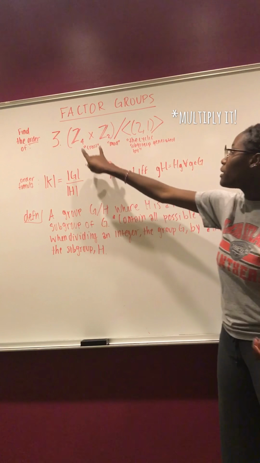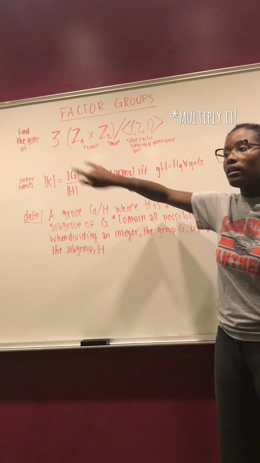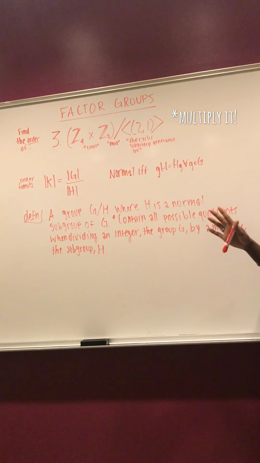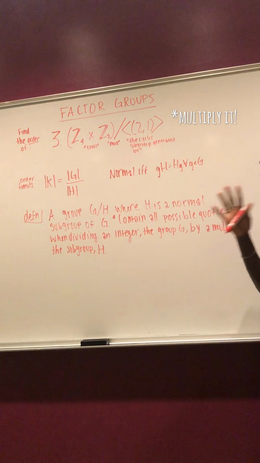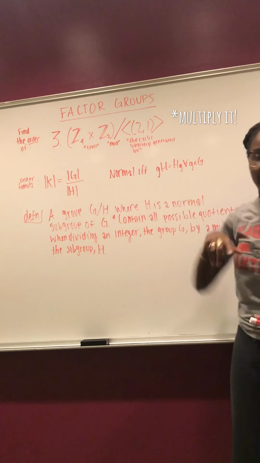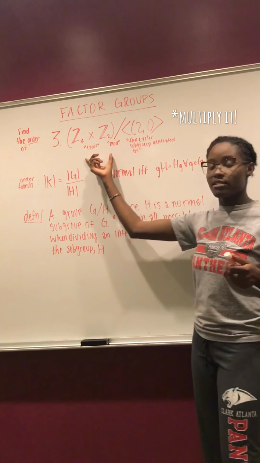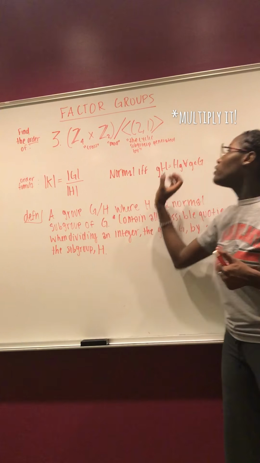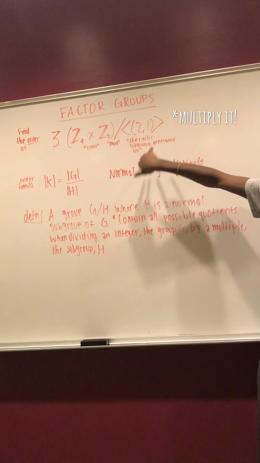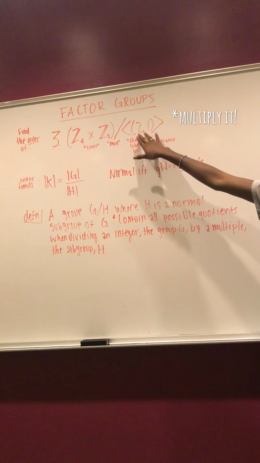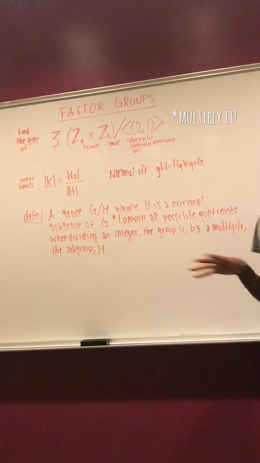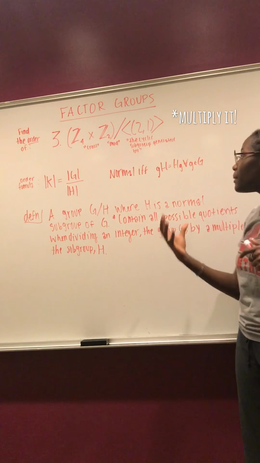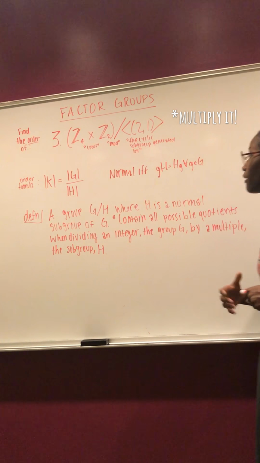As far as the group, if you are given Z mod so-and-so, you would just take these numbers and add them, and then if this is the way that your group looks, you're going to see how many times you add this number or this subgroup to itself to get back to 0, 0, okay?